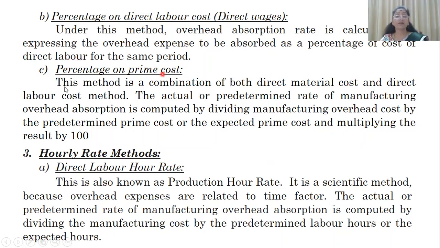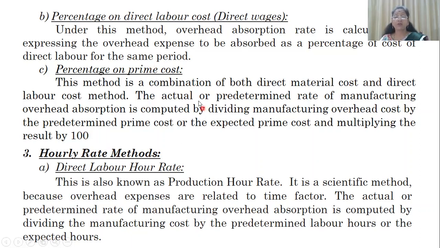Next is percentage on prime cost. This method is a combination of both the direct material cost and the direct labor cost methods. How do we calculate prime cost? That is direct material plus direct labor plus direct expenses. We club the direct material cost and direct labor cost together, the combination of both, and add them to get the prime cost.